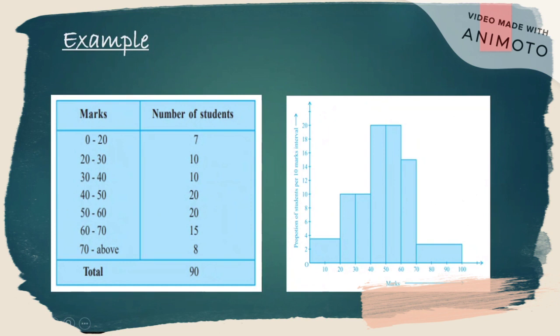As you can see in the class intervals, 0 to 20 and 20 to 30, these are not equal. If we want to make them equal class intervals, it will be 0 to 10, 10 to 20, 20 to 30, 30 to 40, 40 to 50, 50 to 60, 60 to 70 and 70 or above. So on the x-axis we will write class intervals, and on the y-axis we will write the number of students.